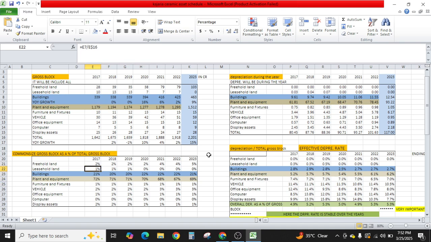items. As Kajaria is a manufacturing company, building and plant and machinery will contribute up to 90%. So all the other line items we can ignore. Those two are the most important for this. And it is fine, because Kajaria is a manufacturing company. They need more and more plant and equipment, and they need more and more building.